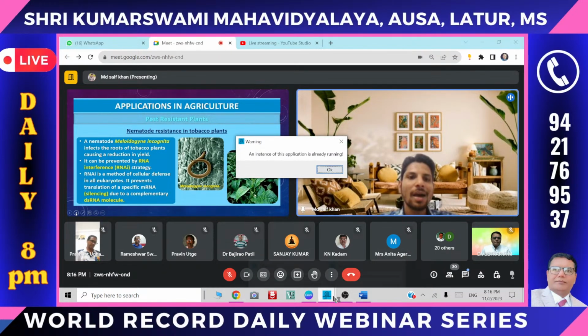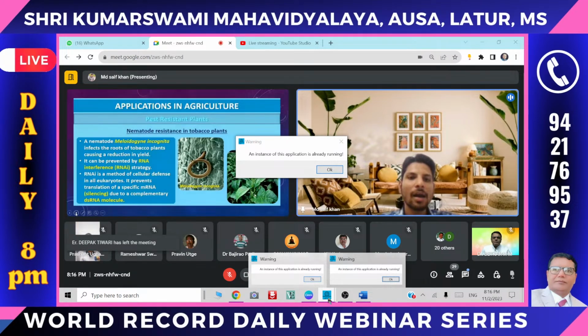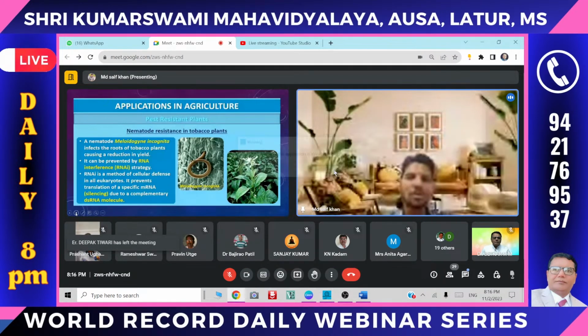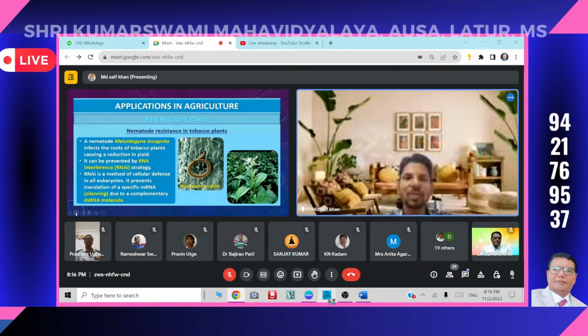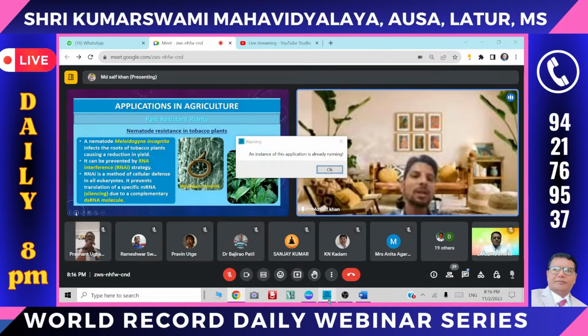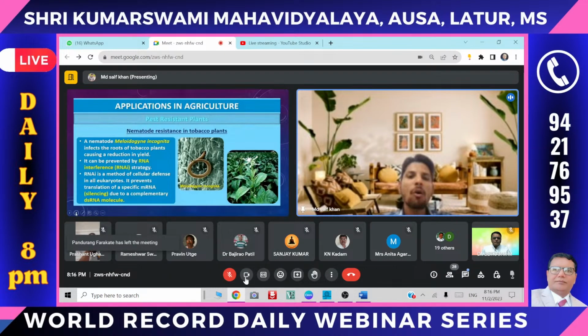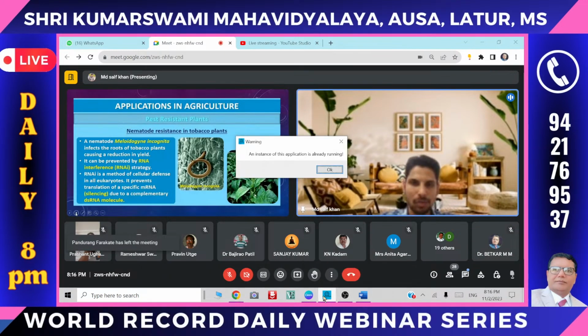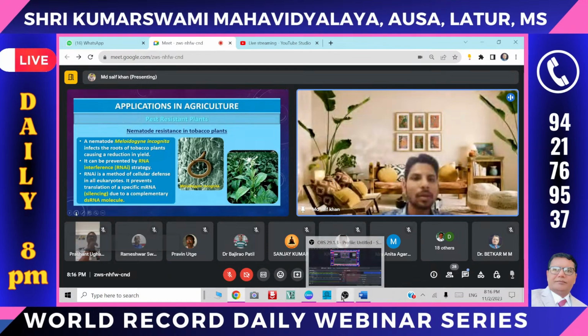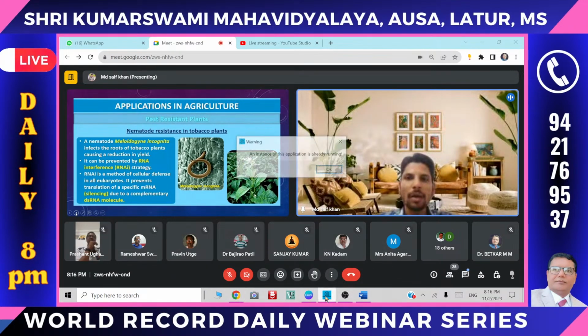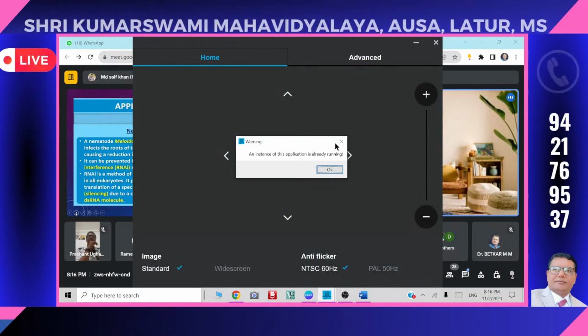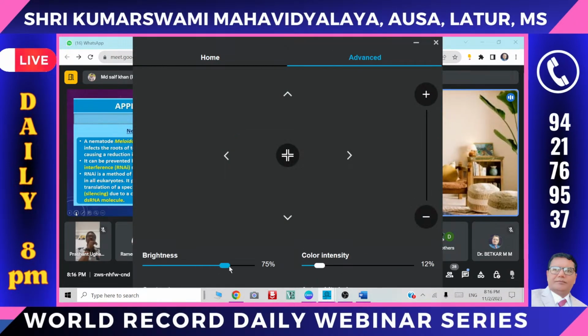What is this? RNAi is a method of cellular defense in all eukaryotes. It prevents translation of specific mRNA. That is, it will silence the translation due to a complementary double-stranded RNA molecule, right? So here is the stopping of the translation process. If there is no translation, there is no formation of a protein, right?